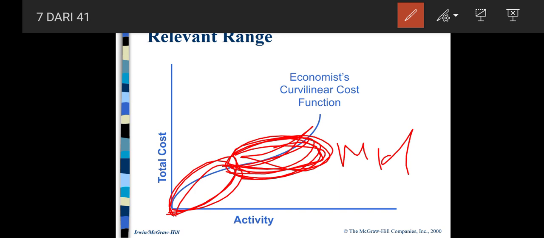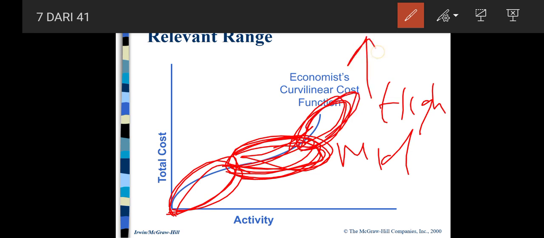Then once the production reaches the highest level, more workers are needed, and it will increase the total labor cost following the production activity. Jadi kalau sudah di high level, dia akan membutuhkan lebih banyak lagi pekerja, sehingga costnya semakin meningkat mengikuti total aktivitasnya.